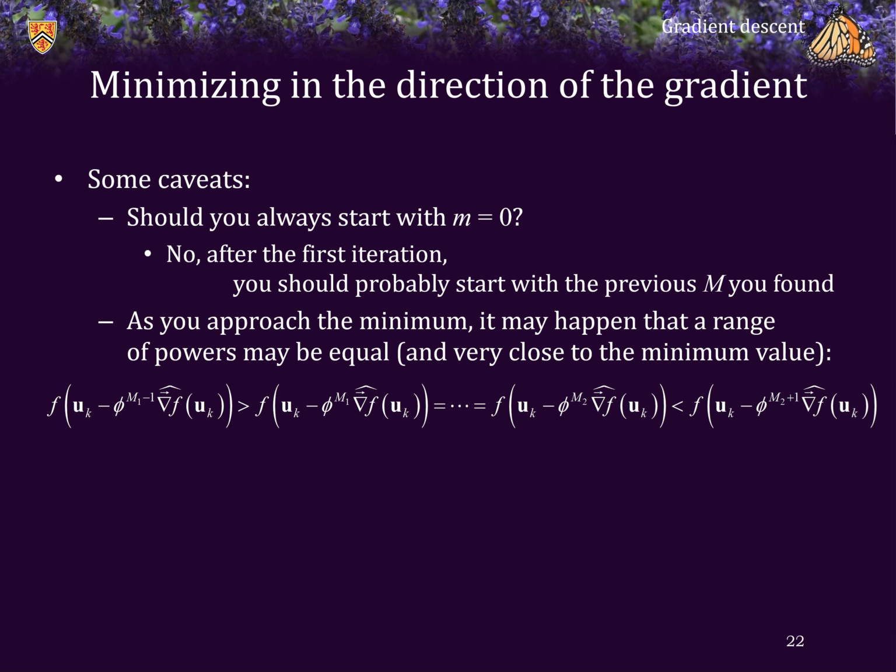So as we get closer and closer to the minimum, there may actually be 2 powers of phi, from phi to the capital M sub 1 going all the way up to phi to the capital M sub 2, such that the value of the function at these different points are all the same. So this too will require some additional attention to detail. Most likely this is going to be the minimum or very, very close to that minimum.